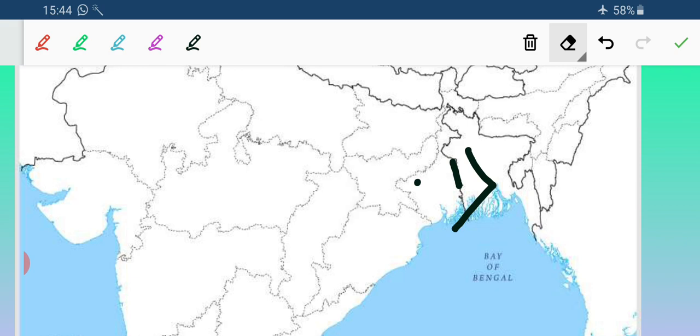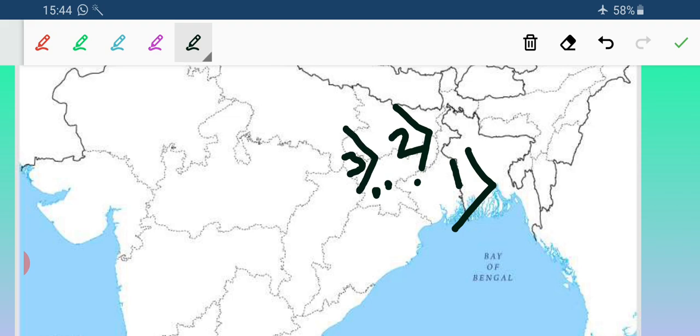Number 2 is Jharia, and the third one is Bokaro.